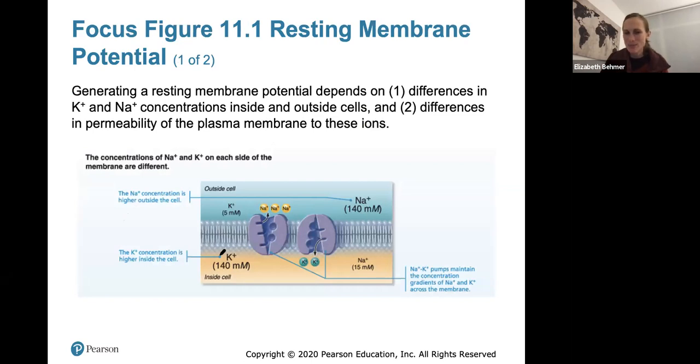In resting membrane potential, before we have stimulated your nerves to emit a response, we have a greater concentration of sodium on the outside of the cell and a greater concentration of potassium inside of the cell. If you're getting lost already, just focus on that first. We're in a resting neuron. There are more sodium ions outside of the cell and more potassium ions inside of the cell.